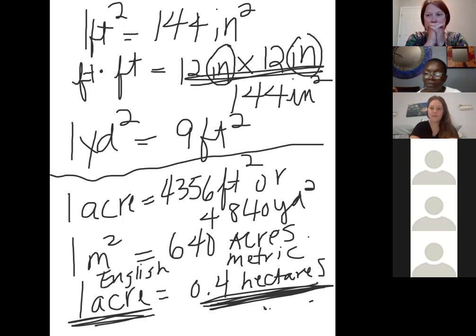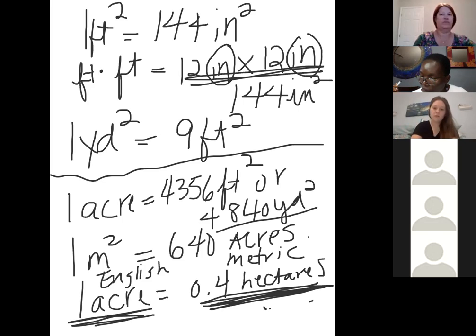Can I ask a question? Yes, go ahead. Back up to the 1 acre equals 4,356 square feet. Or it looks like you have 4,840. Is that correct? Yeah, that's correct. So it's equivalent to 4,840 square yards. But how is 4,356 square feet the same as 4,840 square yards?